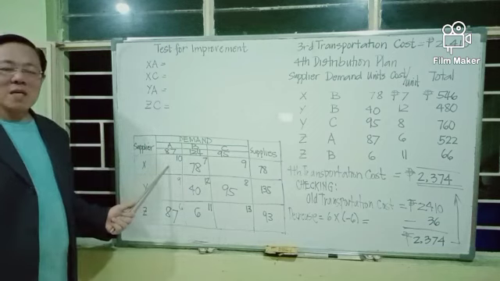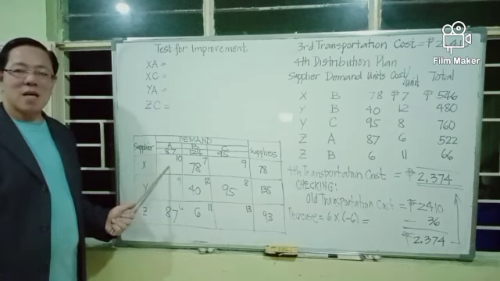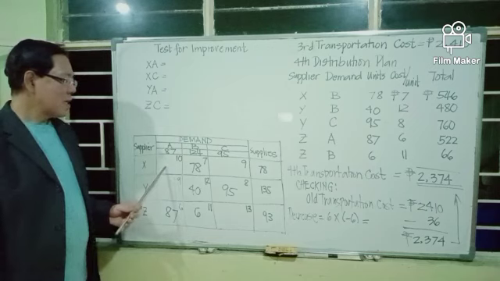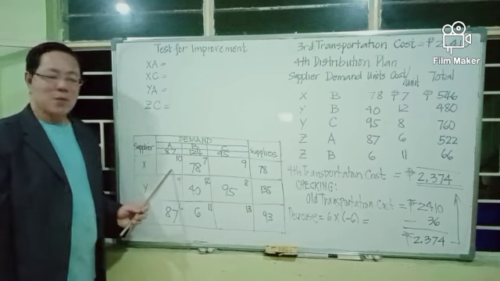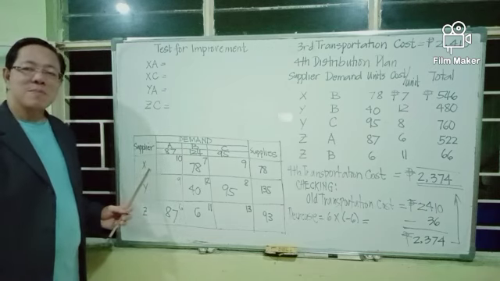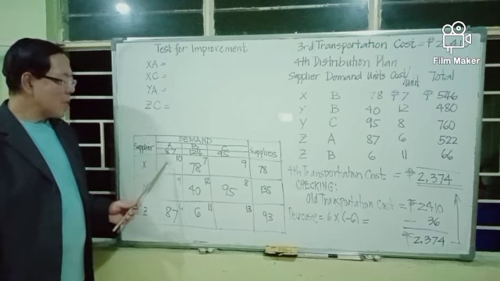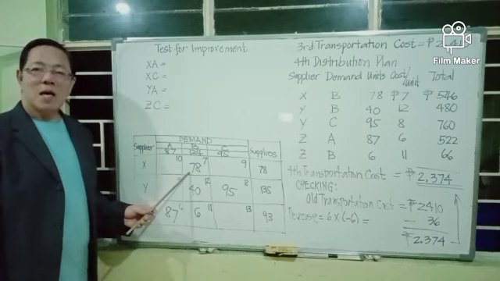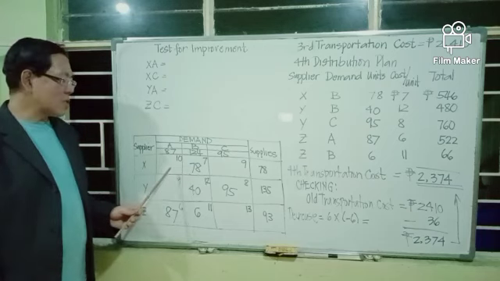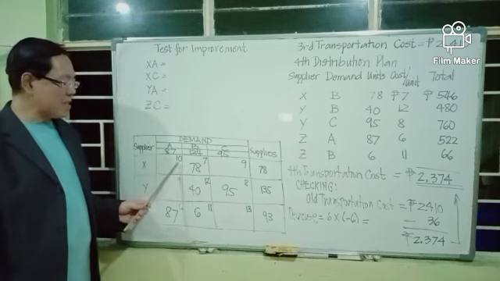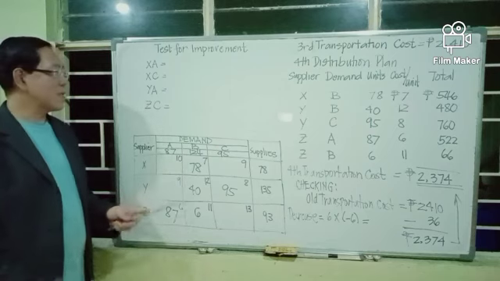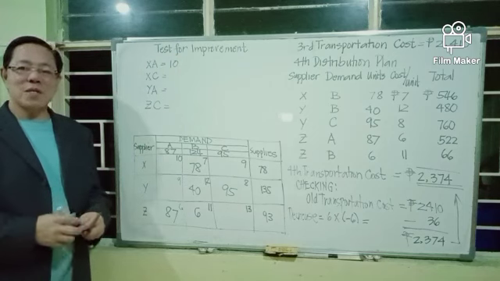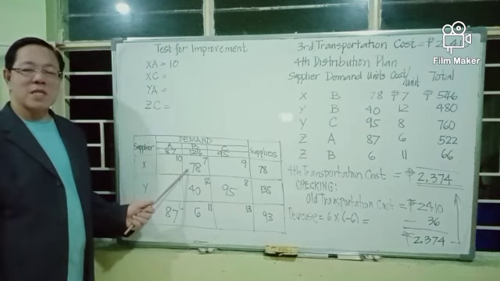We start with the vacant cell XA. We trace a closed path beginning with horizontal movement, and we cannot move horizontally to the left because this is the supplier X. Hence, we move horizontally to the right to 78. The cost associated with that movement is the positive of this cell cost, or 10. After that, we move vertically downward.